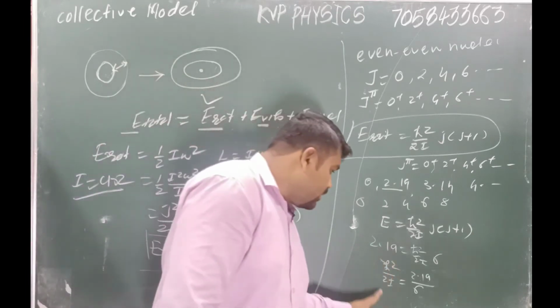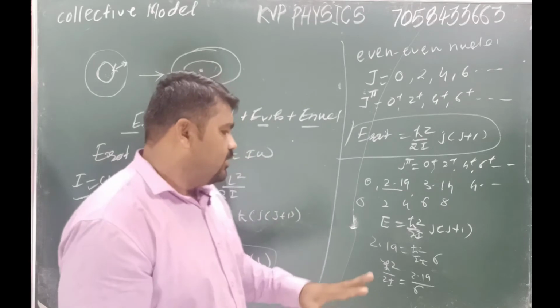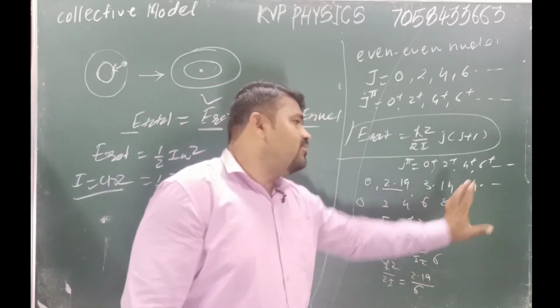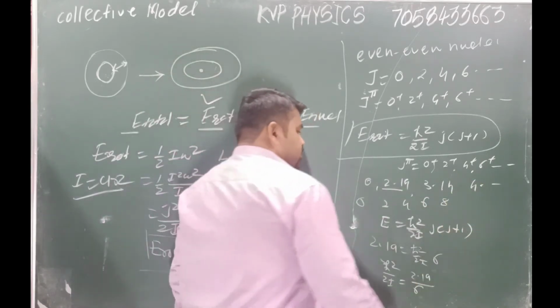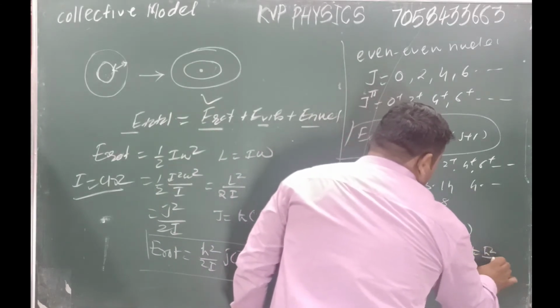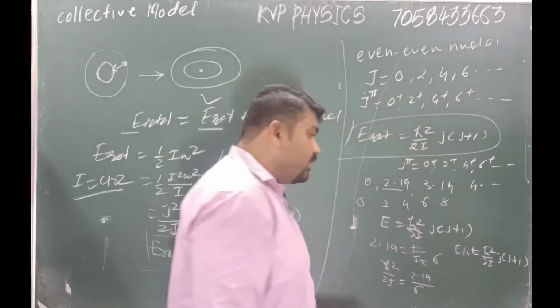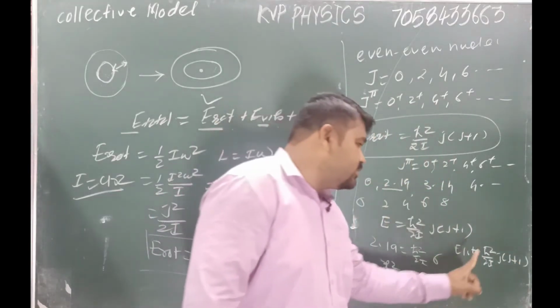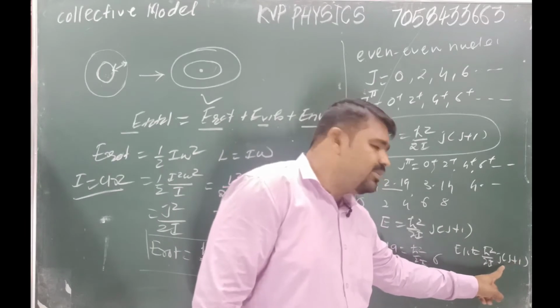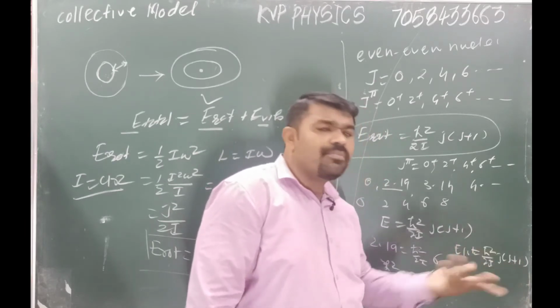We get the h cross square upon 2I value from the given data. Once we have this, we need to find the value of E10. E10 is equal to h cross square upon 2I, J into J plus 1. We know that for the 10 state, J value is 10, which means 10 plus 1, 11, 11 into 10. We get this value. What is the value of h cross square upon 2I?